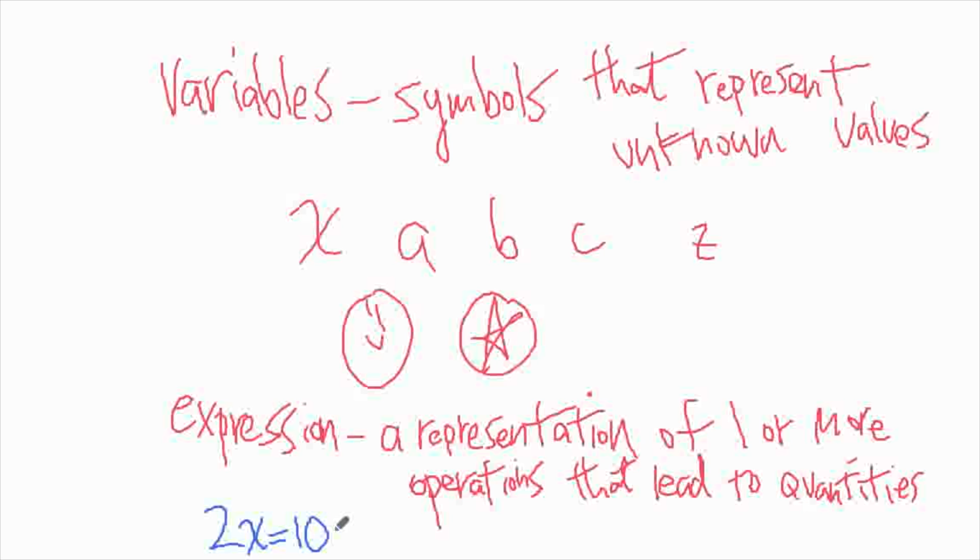When I have an equal sign, I'm actually creating an equation. The 10 is also an expression, and so I'm saying that the expression 2x is equal to the expression 10.